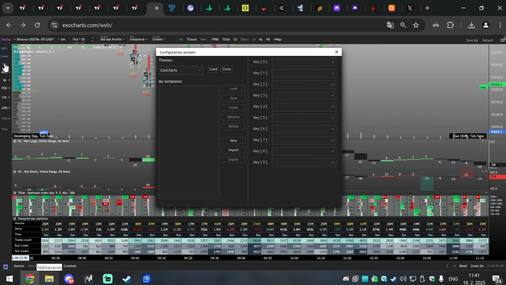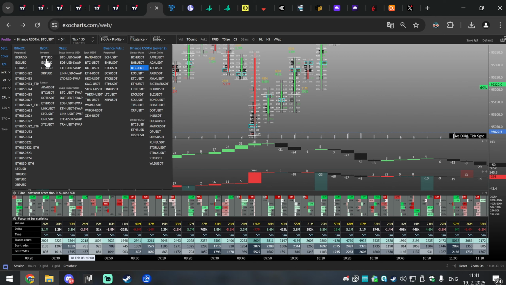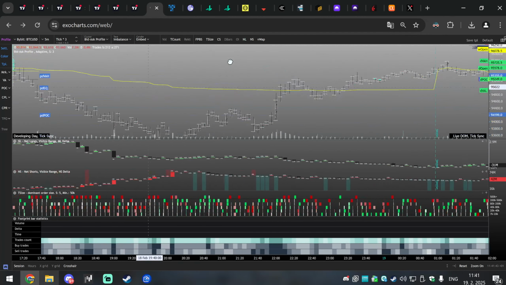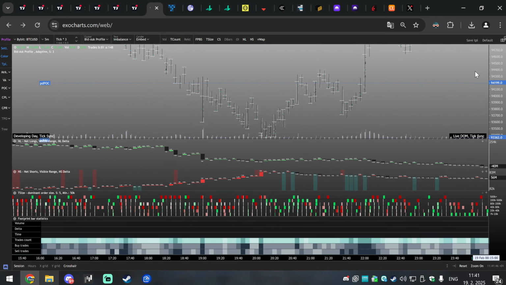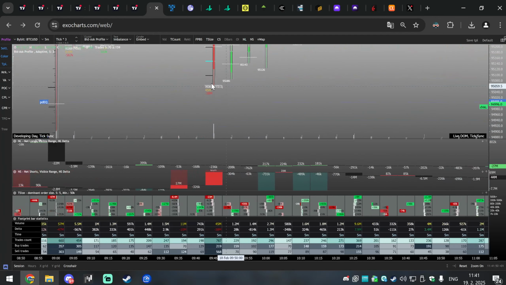Oftentimes there are no significant volumes on Binance Inverse. Yes, we watch mainly BTC USDT on Bybit, and the same thing on Binance. But now on BTC, on this template, you will see someone was getting crazy here.